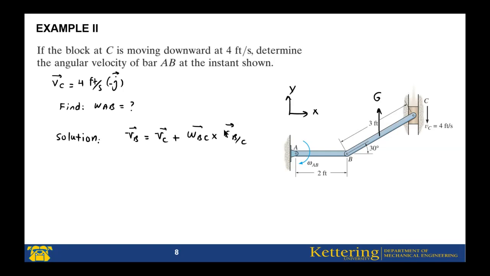Some of you might ask how this equation comes about, or how we can write it. Look, this equation is given to you in the exam. What you can do is, instead of A, just write B. Instead of B, write C. And then omega AB will be omega BC.